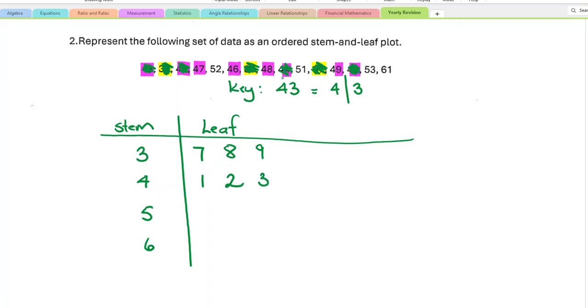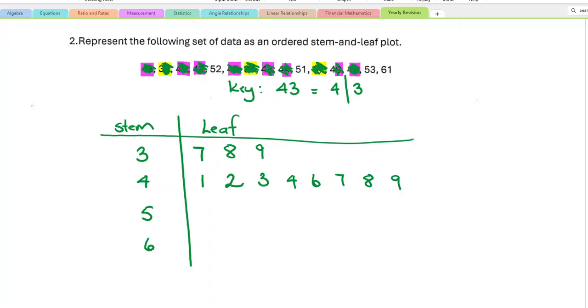Then 44, 46, 7, 8, and 9. All right, try to make sure that your leaves are spaced evenly. They should all line up nicely.